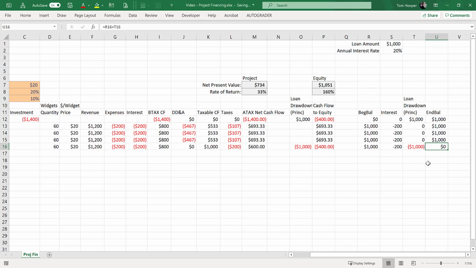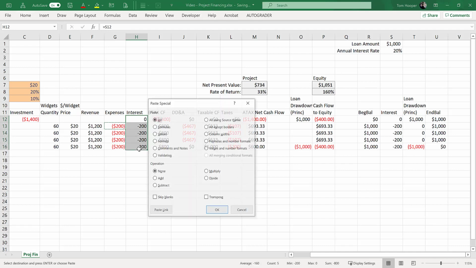So this is a quick and dirty interest-only loan, but it sets up our columns to tie back to the model. So interest, instead of calculating it in here, going to refer to the loan table that we just created. Copy, paste, copy, paste formats.